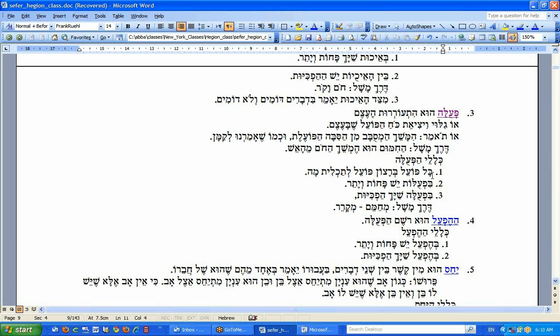And the third rule he has is that the pula is shayach hefchim. And he gives an example there, mashal. Mechamem u'mekarer.